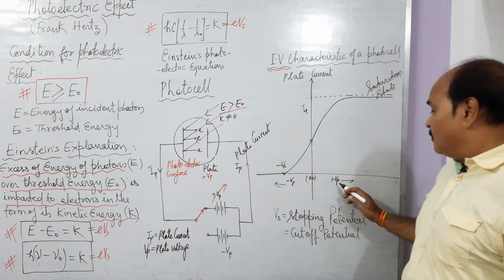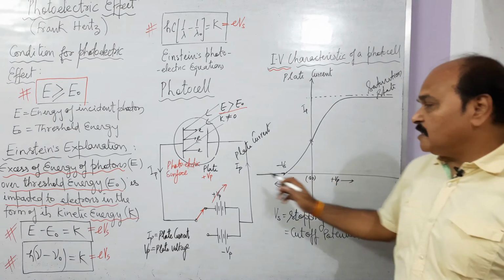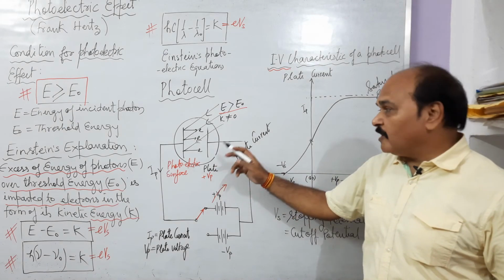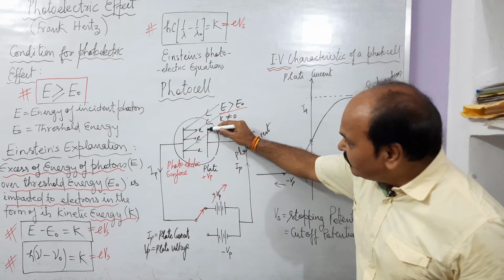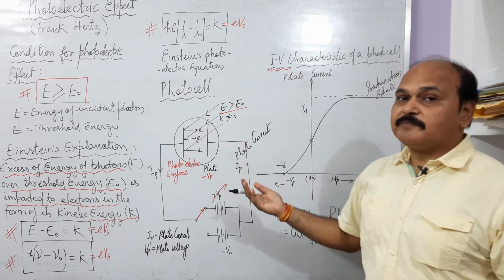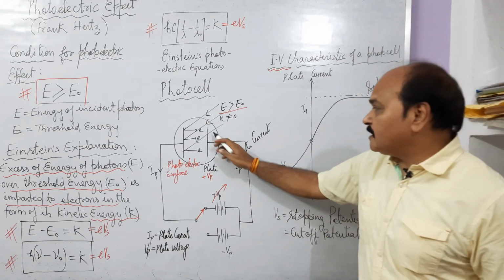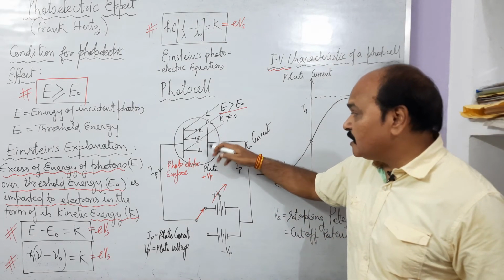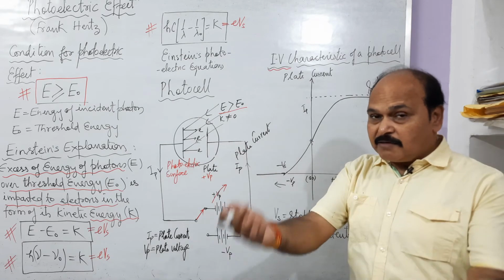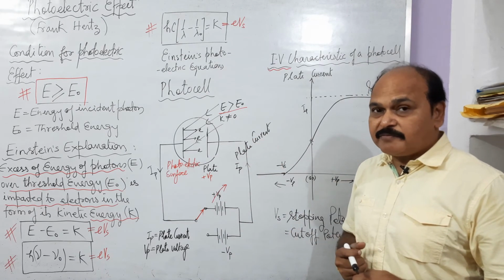Well, as we increase the value of positive potential of the plate, the number of electrons reaching the plate increases. Why? It is simply because this plate, when it acquires positive potential, starts attracting negatively charged particles, electrons, towards itself.